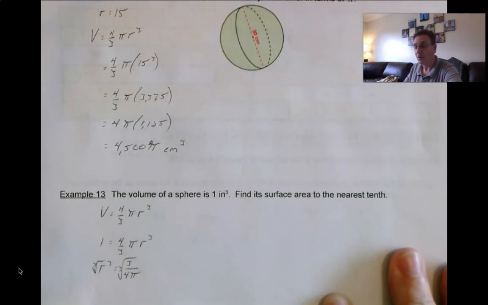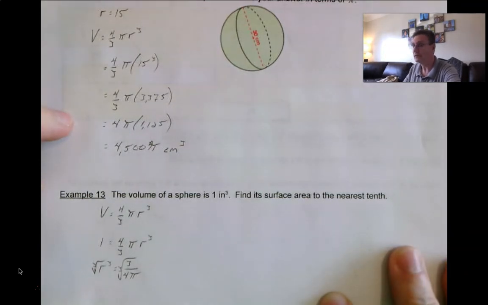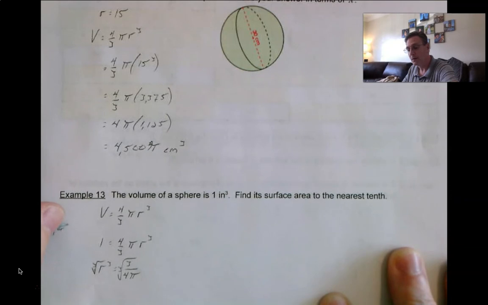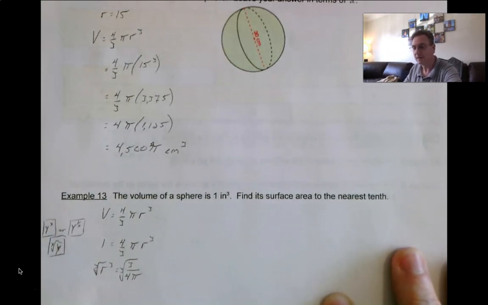Hopefully your calculator has a cube root button. If it doesn't, then it usually has a y to the x button, or a y to the 1 over x button, or an x root of y button, or some variation of these types of buttons.